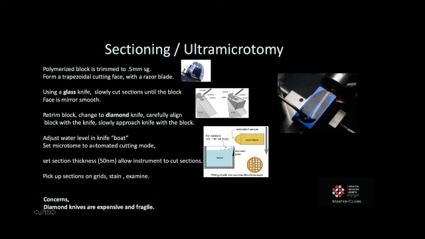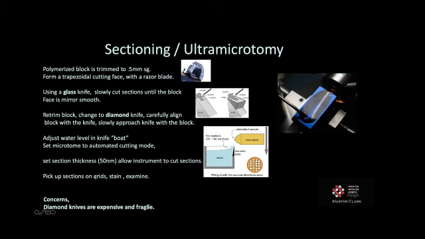So now we can set the microtome to automatic cutting mode. We want to set our section thickness. We want to set the speed of the cut and the return speed of the block to the cutting surface. We're going to be cutting sections. Our goal is 50 nanometers thick for ultra resolution of ultra thin sections.